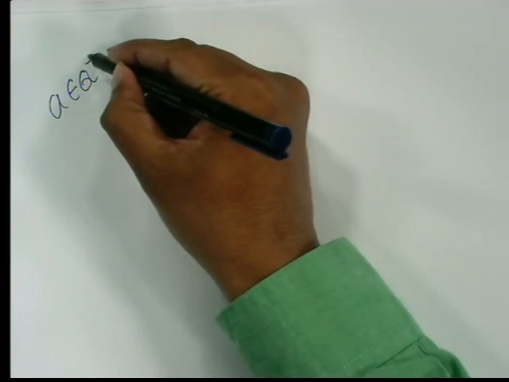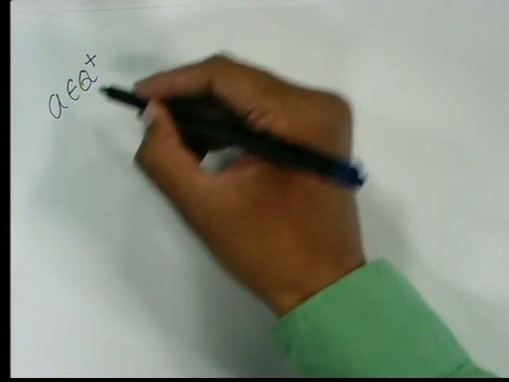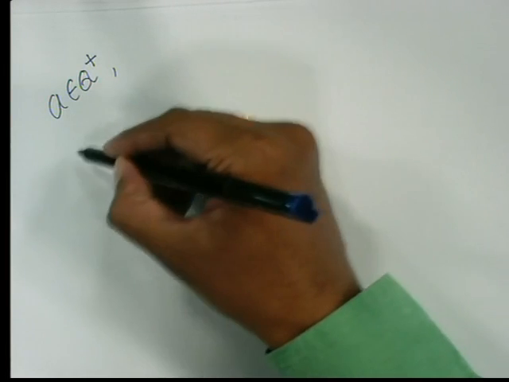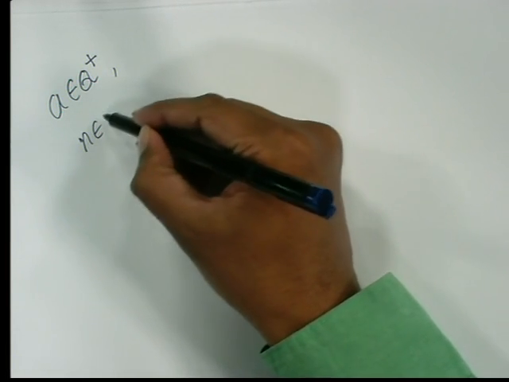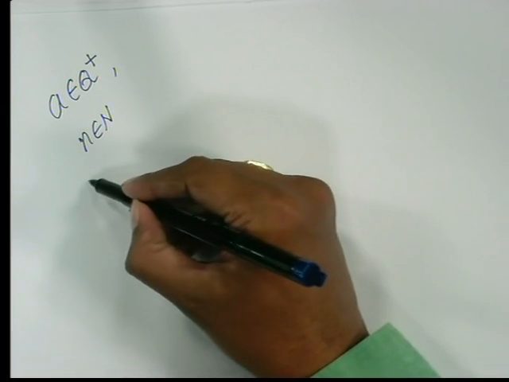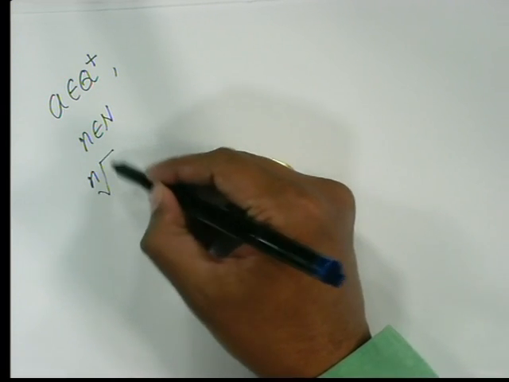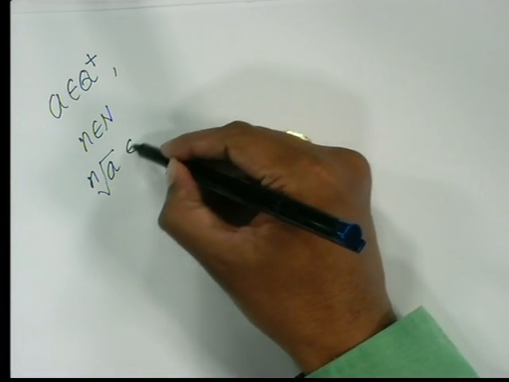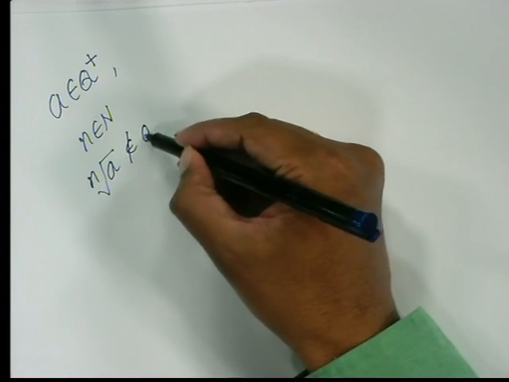Suppose A is a positive rational number, N is a natural number, and nth root A is not a rational number, that means it does not belong to the rational numbers.